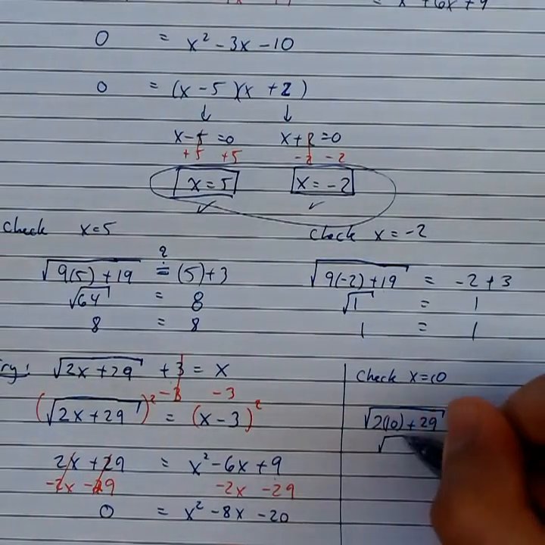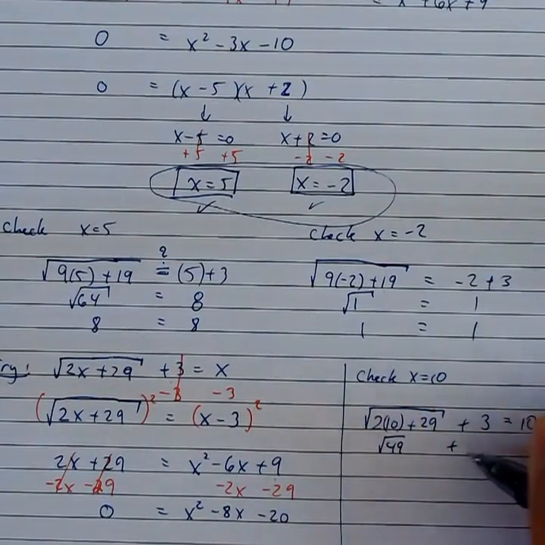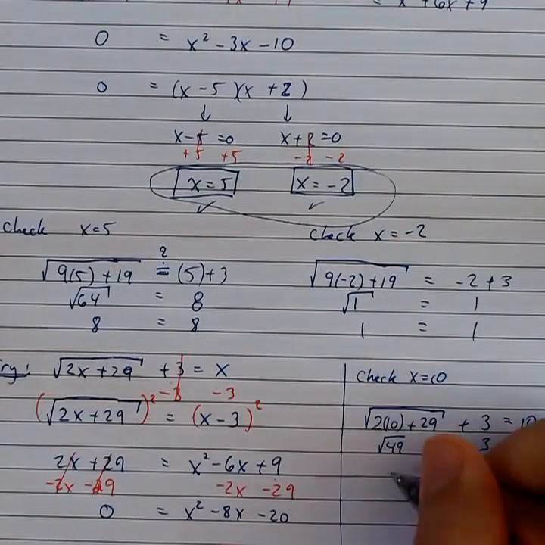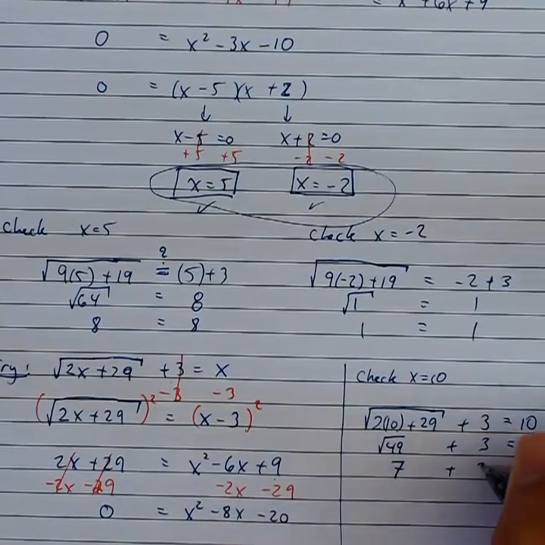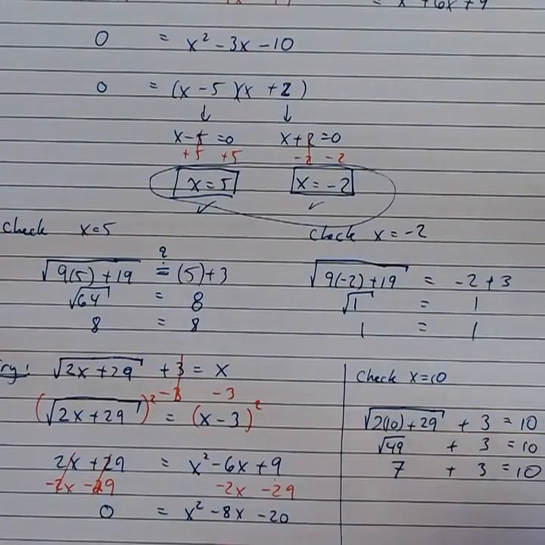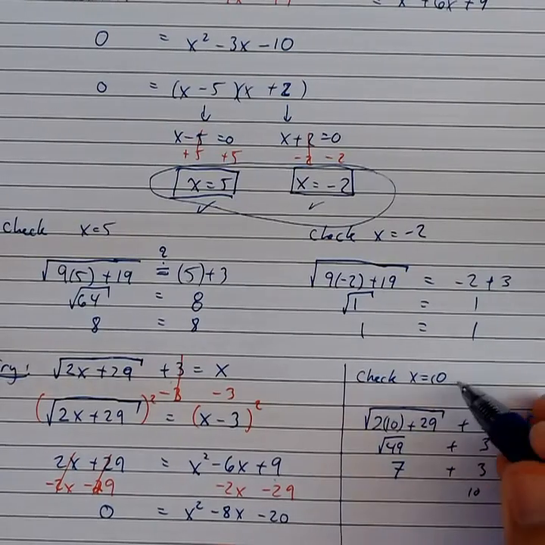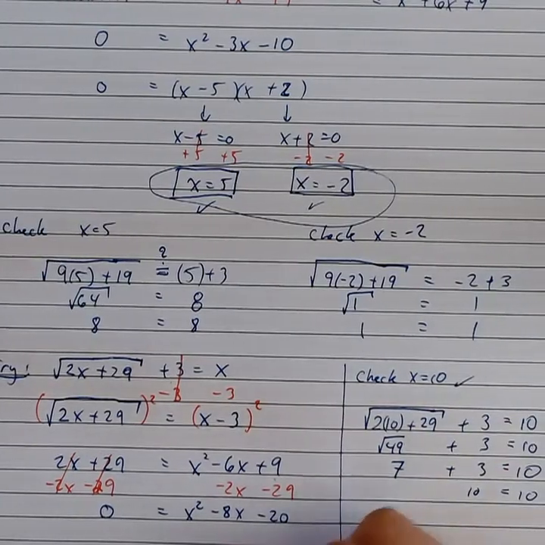So that's going to be the square root of 49 plus 3 equals 10. Oh, but I know the square root of 49 is 7. So that can be 7 plus 3 equals 10, which is absolutely true. 7 plus 3 is equal to 10. So 10 is a perfectly valid solution.